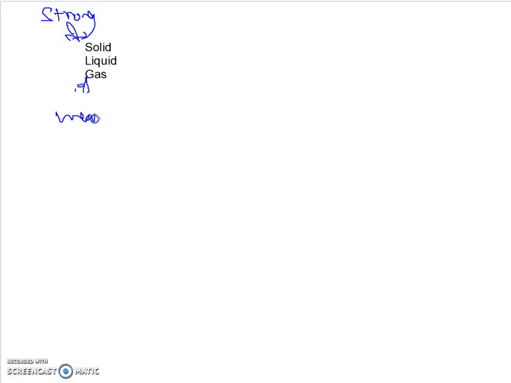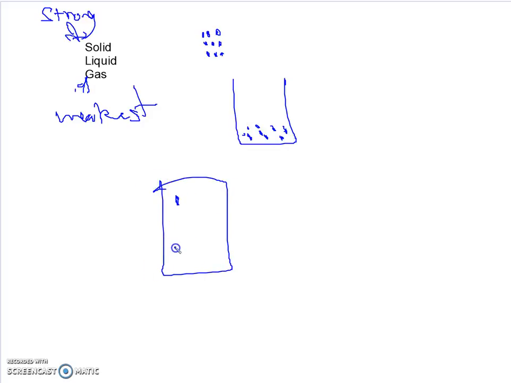Gas is the weakest, and you should know how to diagram them, so solid is all packed together. Liquid can move around but does not fill its container. It just kind of sits at the bottom. It takes whatever shape of the bottom it's at. And then a gas actually fills its container because it's so weakly attracted to itself that it just flies everywhere. They tend to be moving faster, all right?